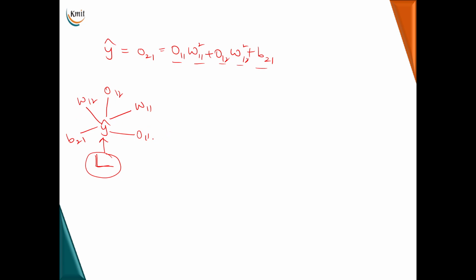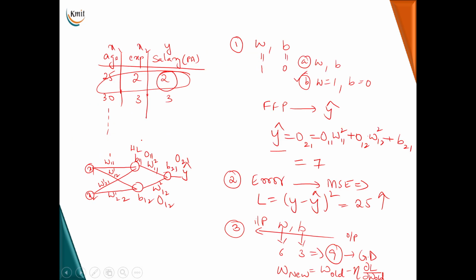Now, coming to this O11, how will I vary this O11? You can look into this. What is O11? O11 is equal to the output of the first node of the hidden layer, which is x1 into W11 plus x2 into W21 plus B11. So how will I vary O11?